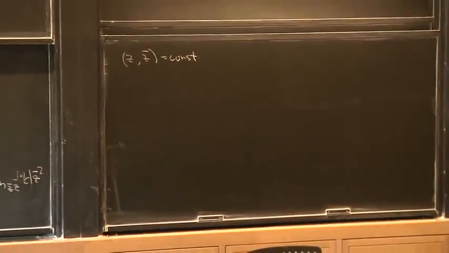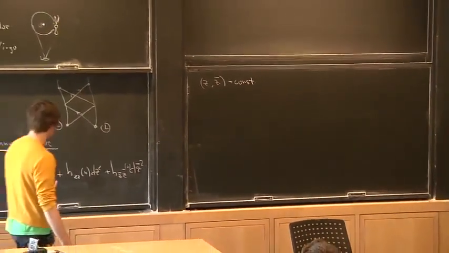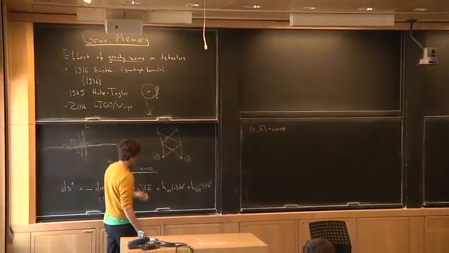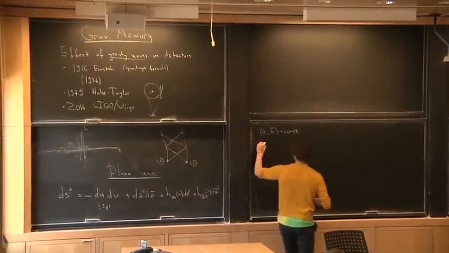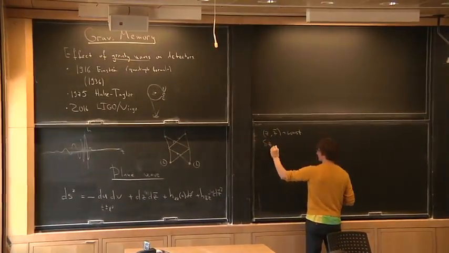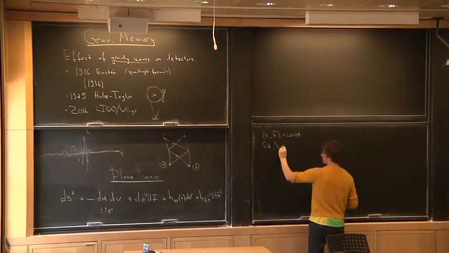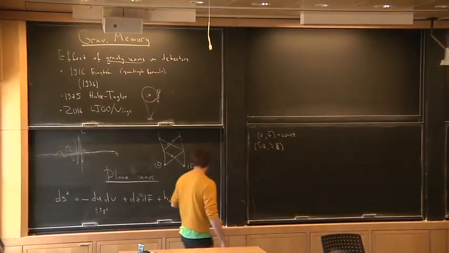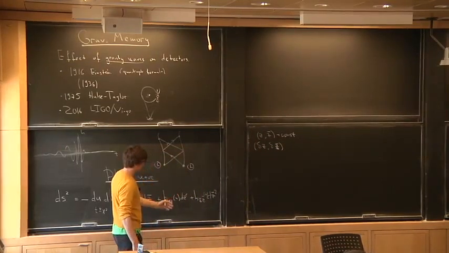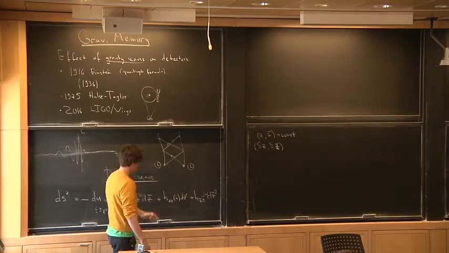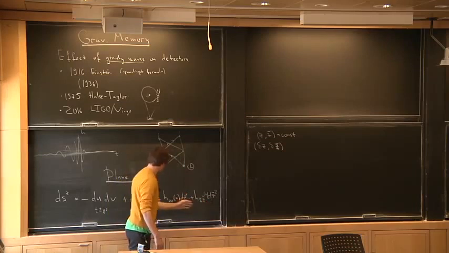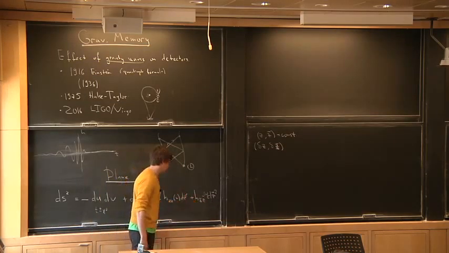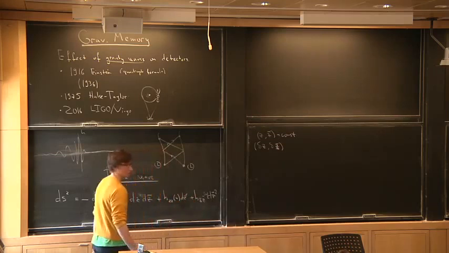And of course you can immediately see that if you have 2 particles separated by delta z and delta z bar, as the gravity wave arrives, the distance starts changing because of these terms. When h is 0, the distance is just the product, and then when the gravity wave arrives, the distance changes.